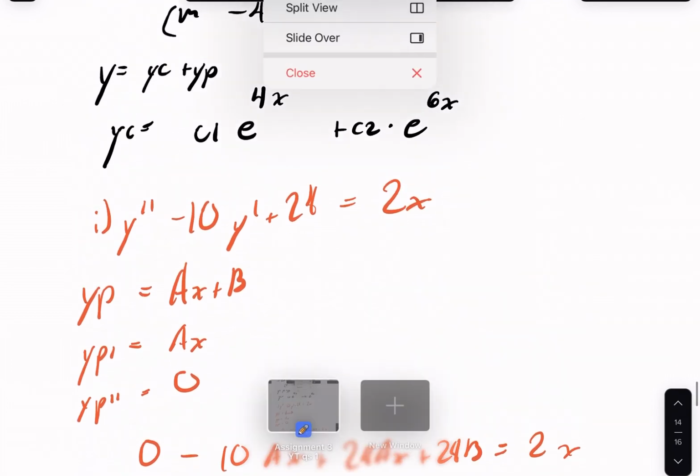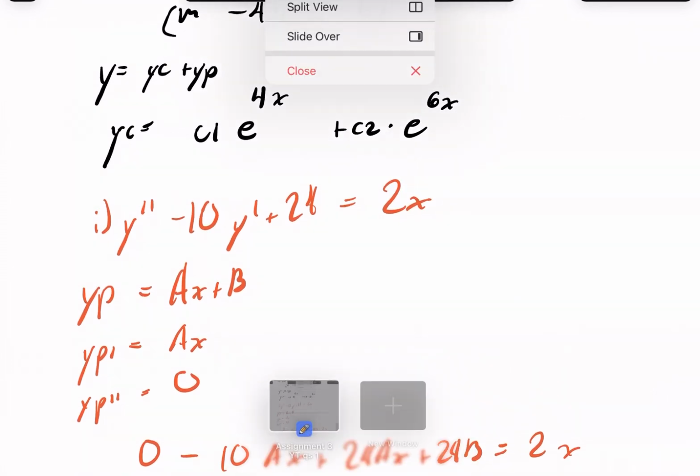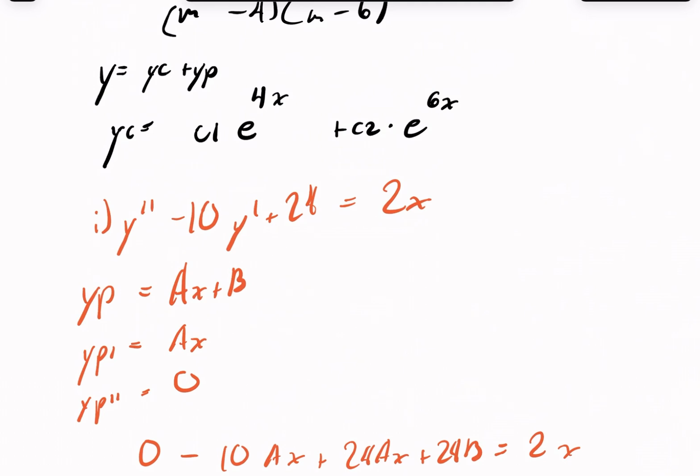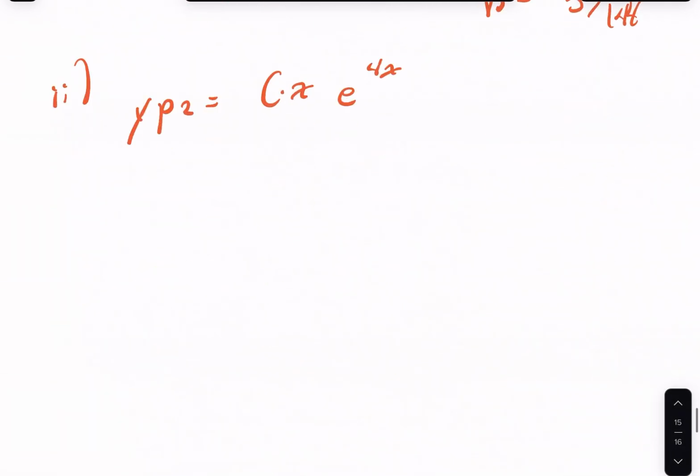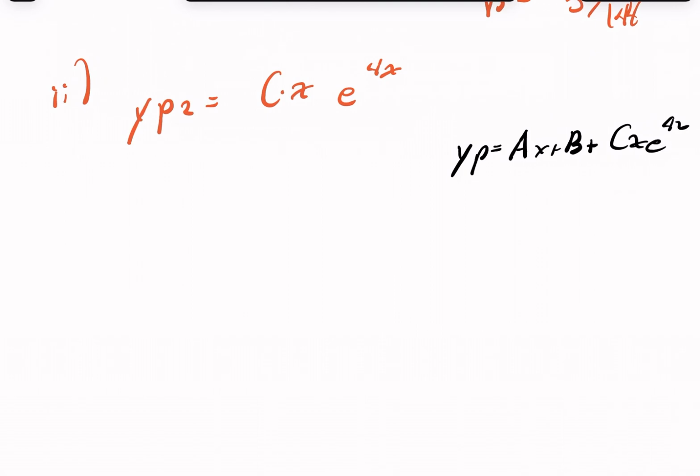The particular solution that we guess with respect to each term, and I'll write this down in black here, is y particular equals ax plus b plus cx e to the 4x. This is the totality of it, and we split it up into yp1 and then yp2.